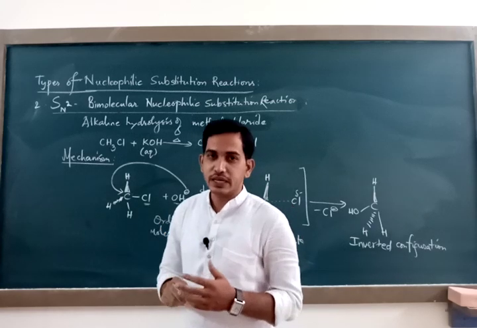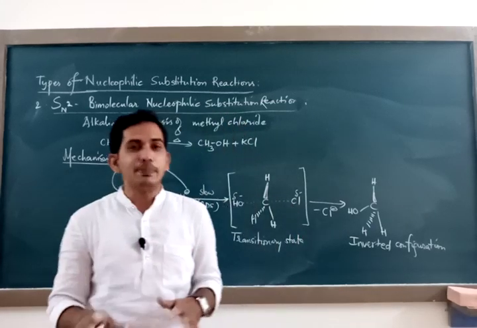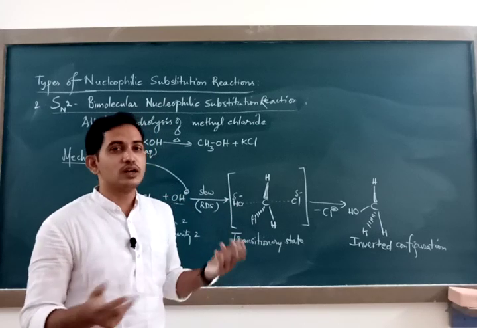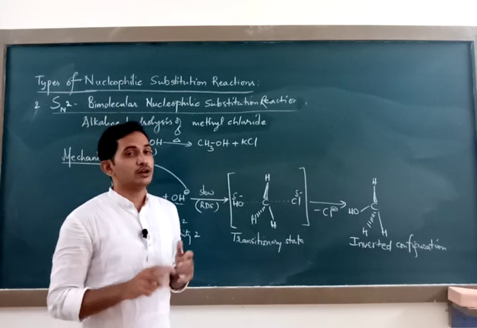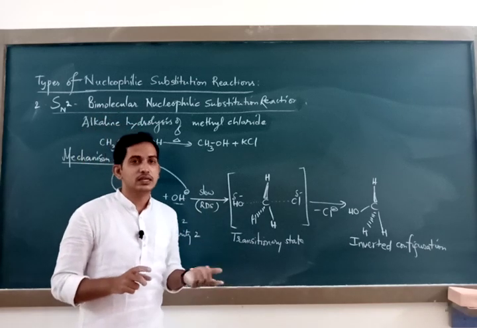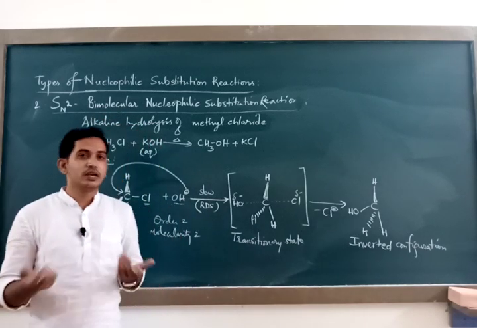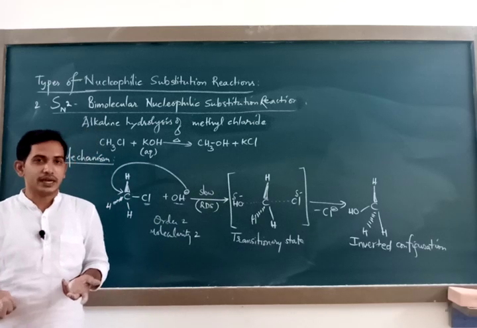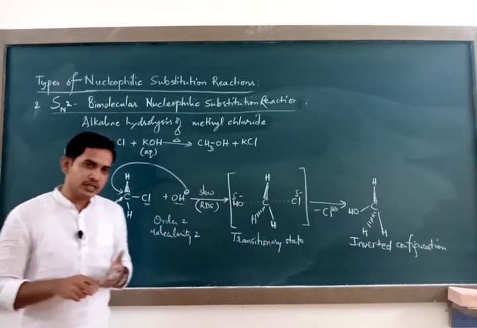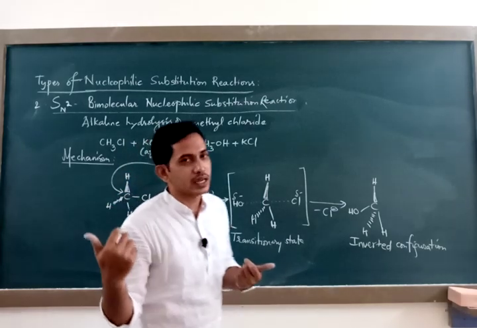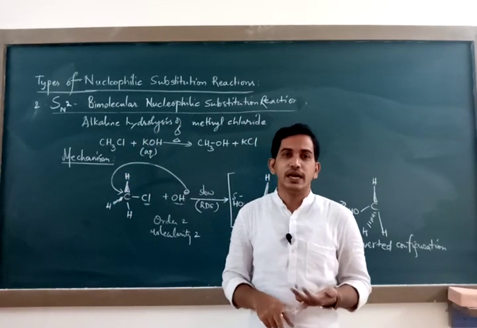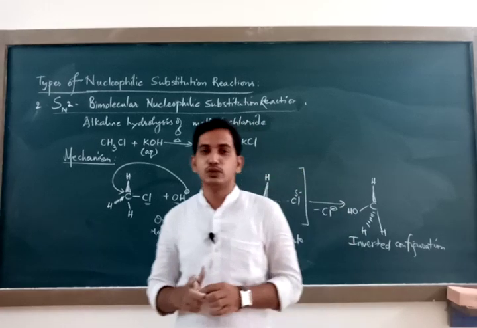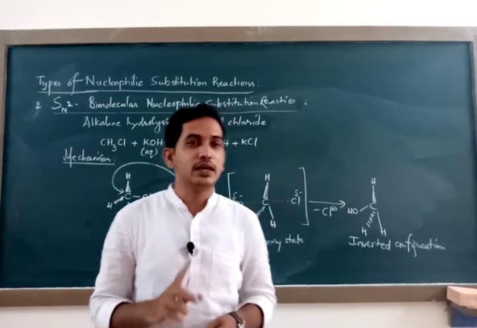Presence of polar solvent is compulsory in SN1 reaction, whereas it is not so compulsory in SN2 reaction. Formation of a carbocation takes place in SN1 reaction, no carbocation formation, no ionization takes place in SN2 reaction. Inversion in configuration may or may not take place in SN1 reaction, inversion compulsorily takes place in SN2 reaction. So these are some of the differences you need to remember between SN1 and SN2.